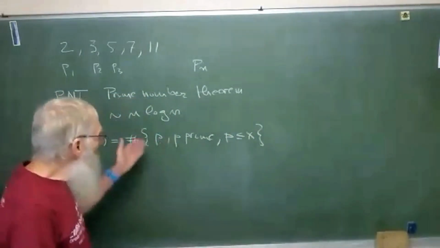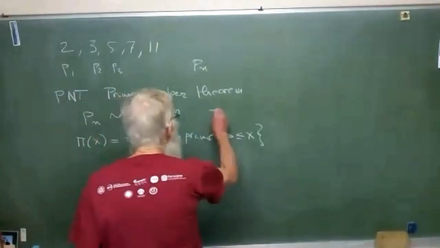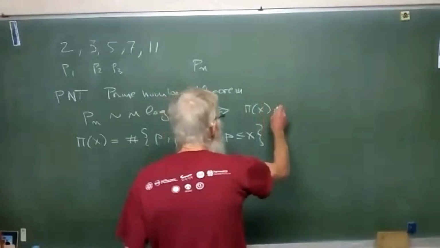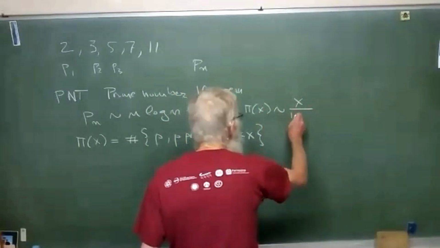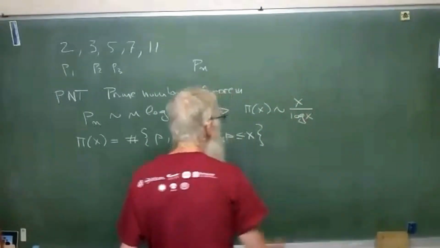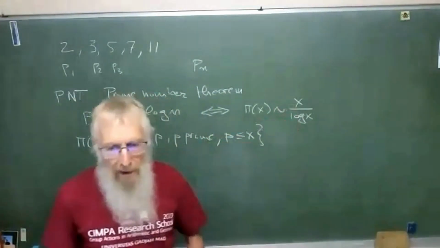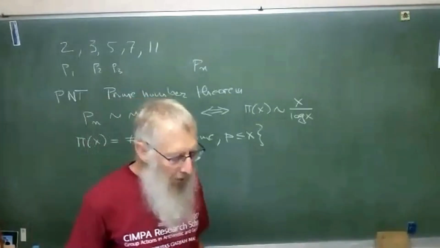And the prime number theorem is equivalent to say that phi of x is equivalent to x divided by log x, which means that the quotient of phi of x with x over log x tends to 1 when x tends to infinity.